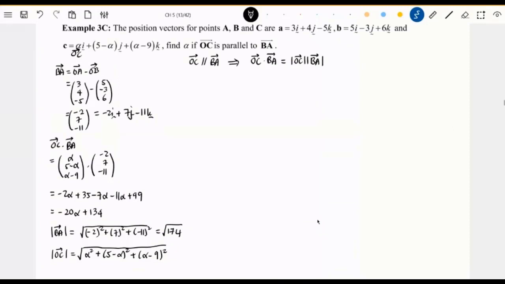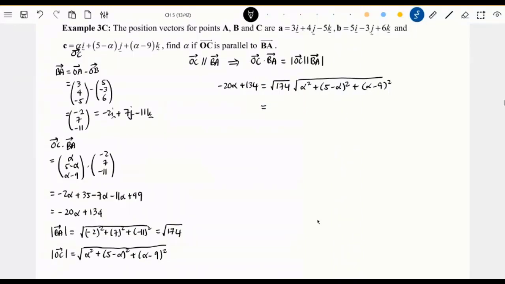Okay, so left hand side kita akan dapat negative 20 alpha plus 134. Sebelah kanan dia adalah square root 174 times square root of alpha square, 5 minus alpha square, plus alpha minus 9 square. Okay. Sebelah kiri tak ada masalah, but now sebelah kanan kita akan combine.